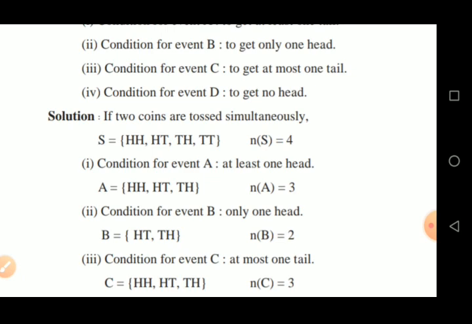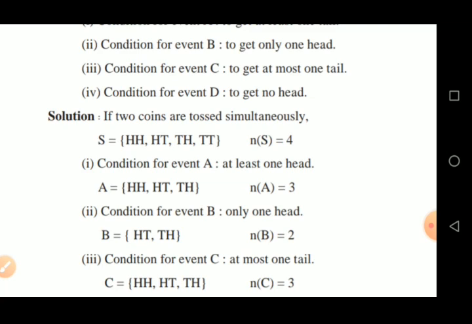And the random experiment is: two coins are tossed simultaneously. After that, write down the sample space of that random experiment. S = {HH, HT, TH, TT}. n(S) = 4.